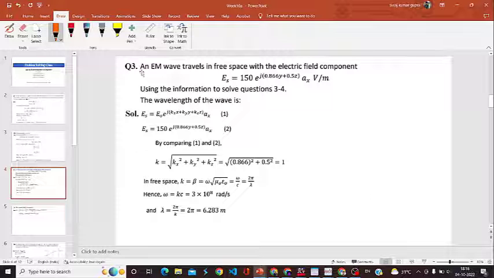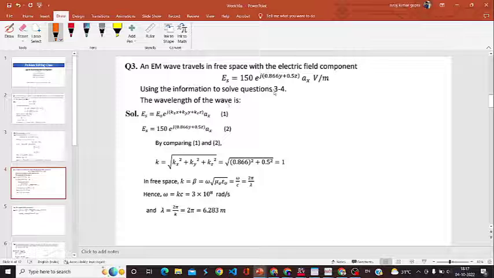The problem states that an EM wave travels in free space with the electric field component Es equal to 150 e raised to the power j (0.866y plus 0.5z) ax in volts per meter. Using this information, we have to solve problems 3 and 4. First of all, we have to find the wavelength of the wave.